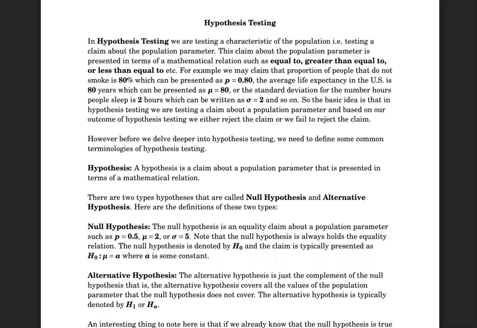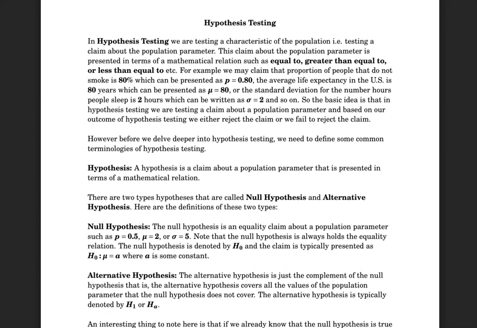Now we are going to talk about hypothesis testing. What is hypothesis testing? Hypothesis testing is testing some characteristic of the population. When you're doing hypothesis testing, you are testing some property, attribute, or characteristic of the population.